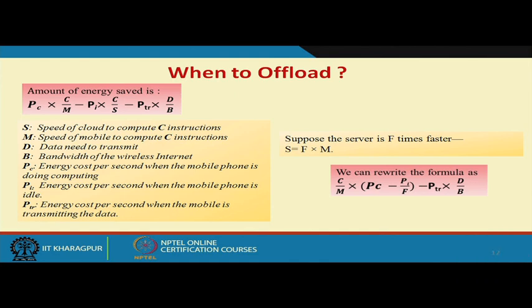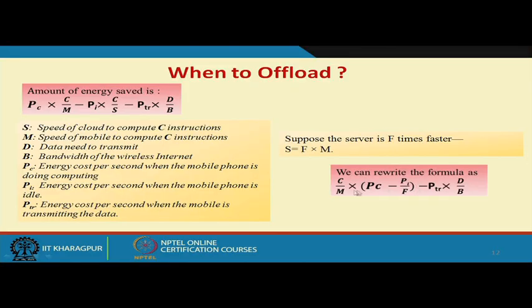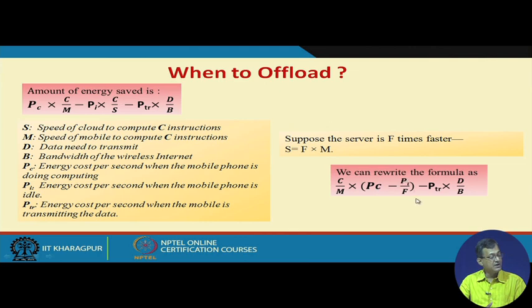Or we can rewrite that formula, substituting this, to arrive at C by m times P_C minus P_I by f minus P_TR times D by B. This is very simple arithmetic. You just substitute, and if you take the appropriate common terms, we arrive at C by m equal to P_C minus P_I by f and minus P_TR.